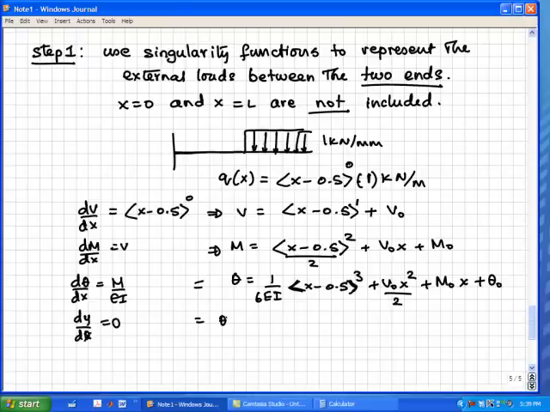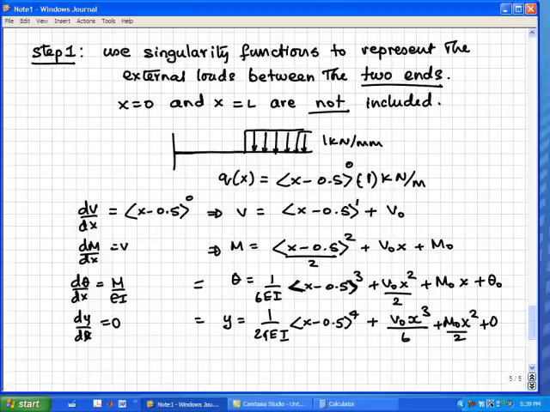So y equals 1 over 24 EI <x minus 0.5> to the power 4 plus V naught x cubed over 6 plus M naught x squared over 2 plus theta naught x plus y naught.